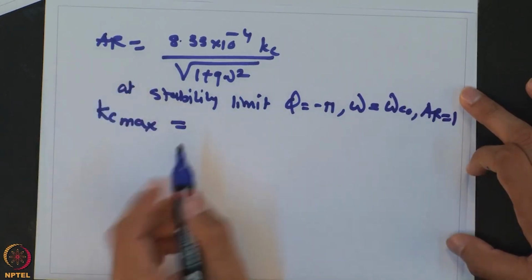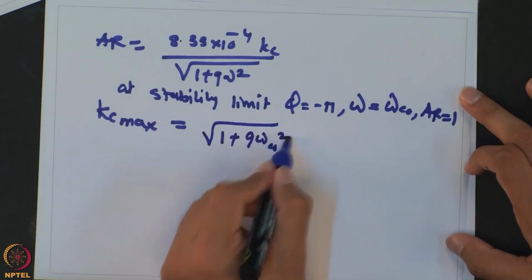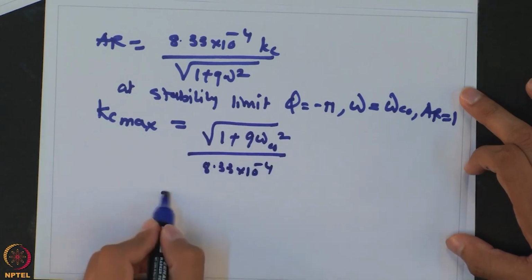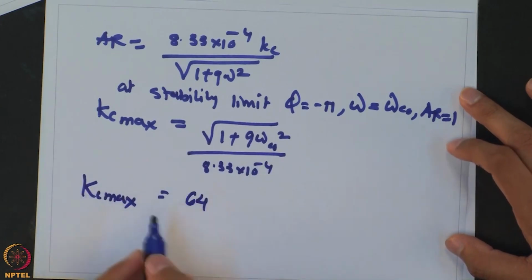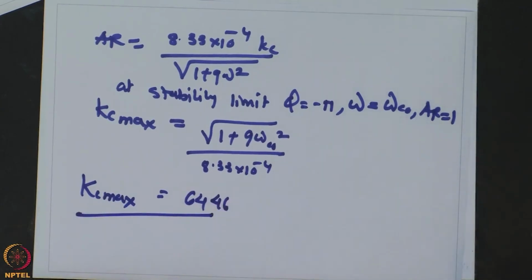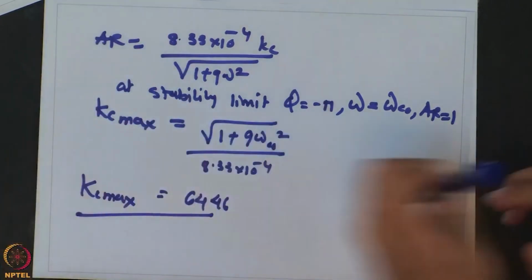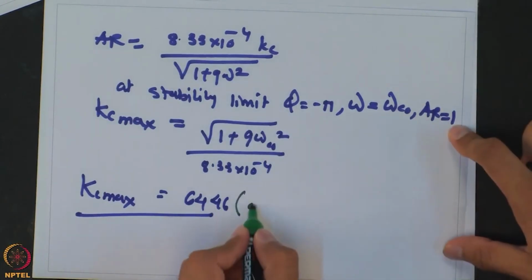So, substituting it to be 1, you will get 1 plus 9 omega crossover square over 8.33 10 raised to minus 4, which comes out to be 6446. So, the correct stability limit in this case is 6446 as against what we have found using the Laplace domain analysis, which was 8403.